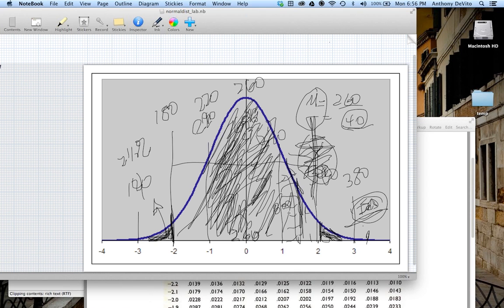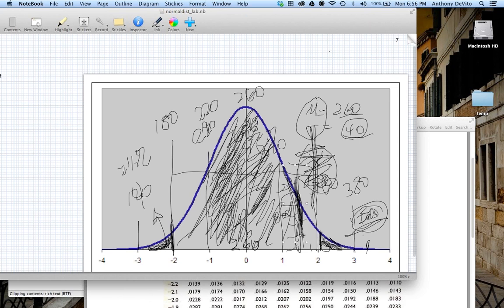If I asked you, what's the z-score for the value that we couldn't calculate, which was 320? That's that value there, which is in between these two.